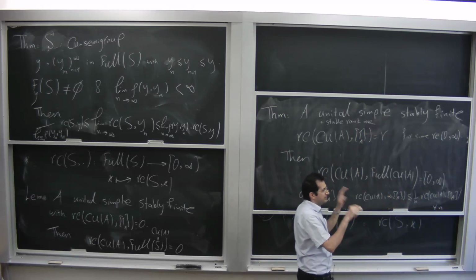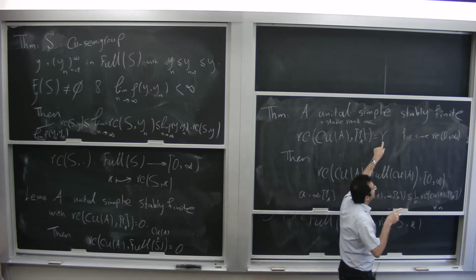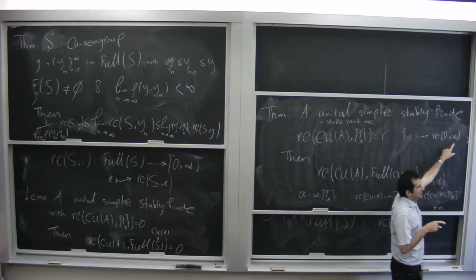Suppose that you have a Villadsen algebra and the radius of comparison with respect to identity of that C*-algebra is R, and this R is a number between 0 and infinity, right? Yes, but for which element is the radius of comparison of the Villadsen algebra 0?